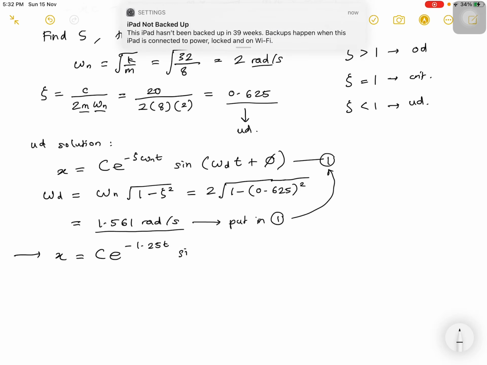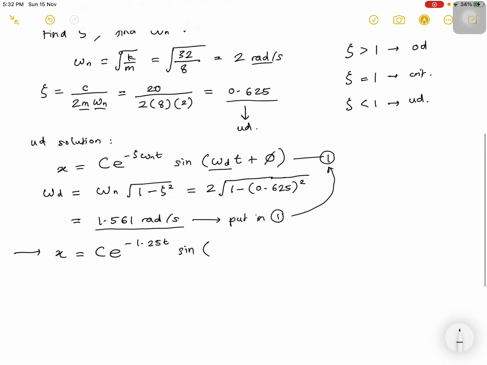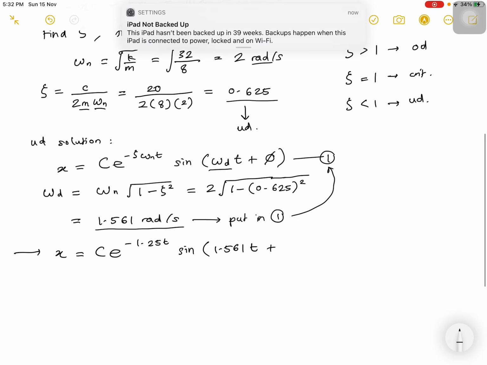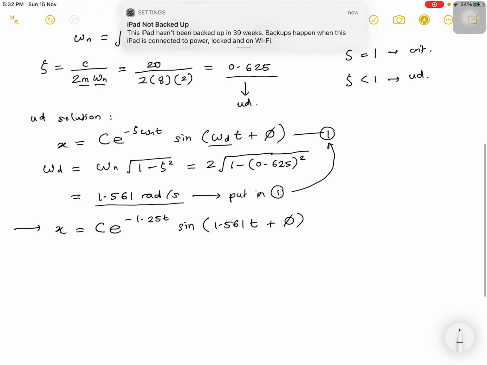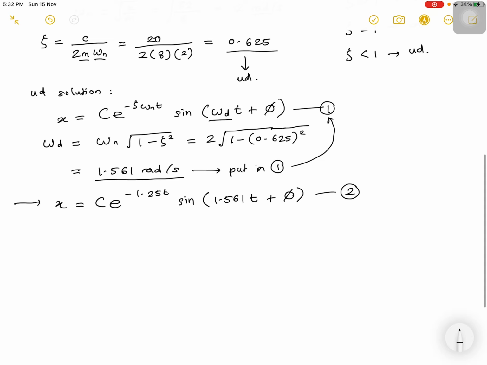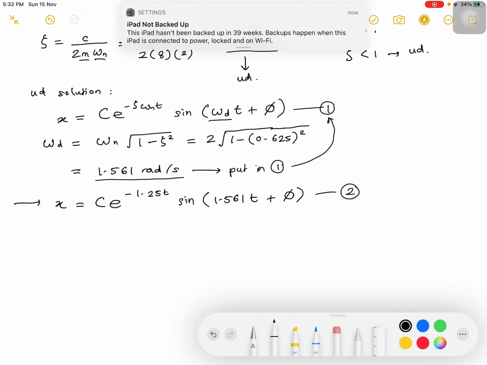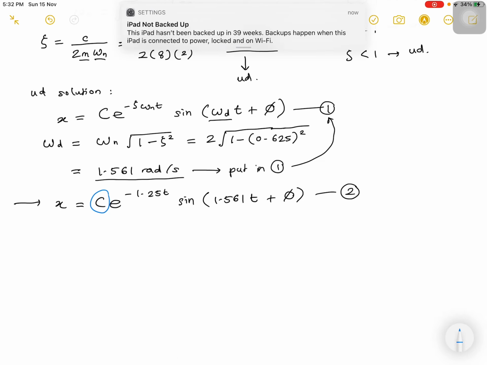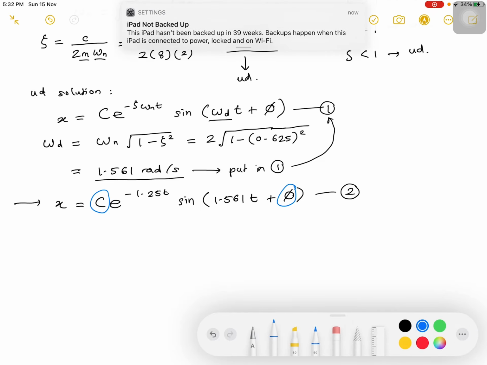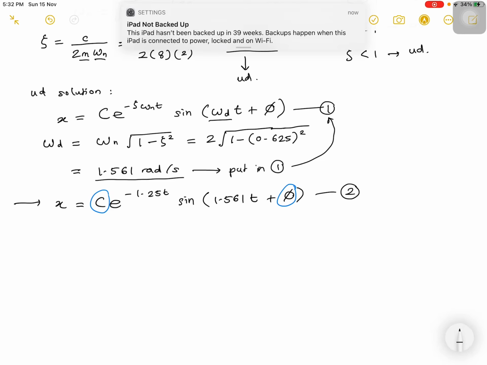Okay, t is time. Then sine, we have omega d, so we put the value: 1.561 t plus psi. We don't know what psi is yet. So we denote this as equation 2. Now we need to find the constants c and psi.